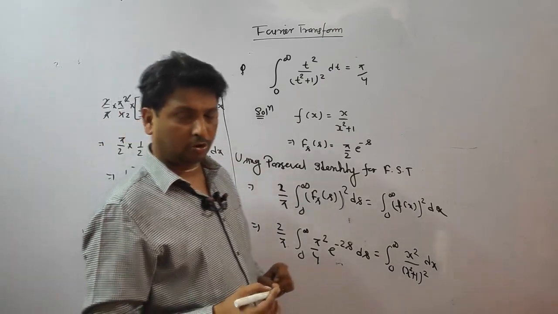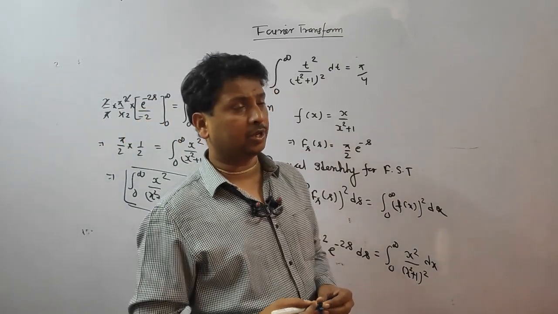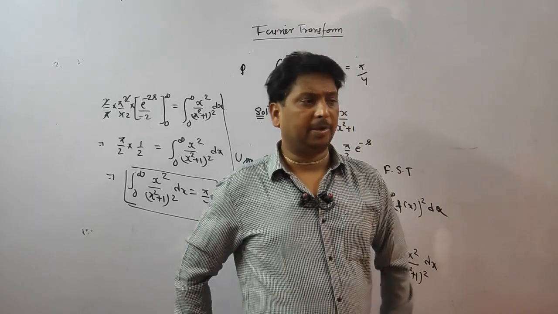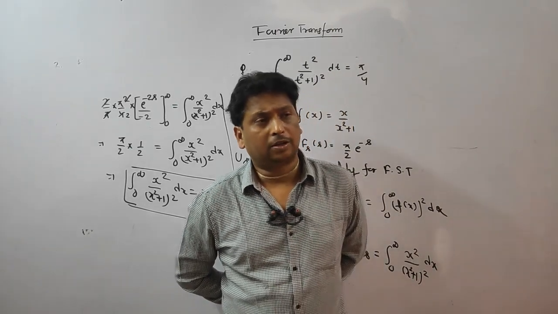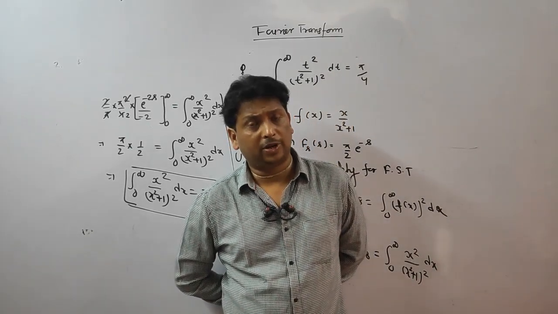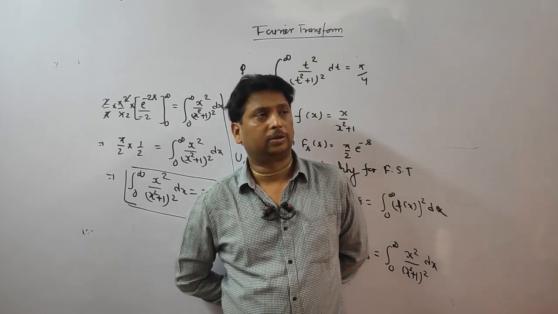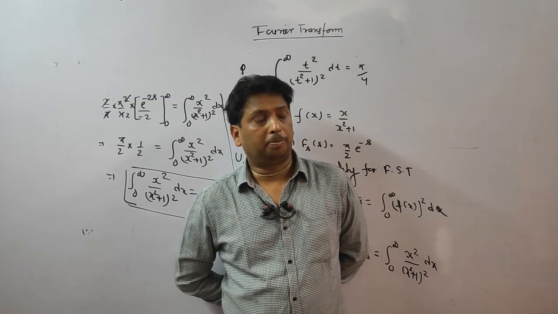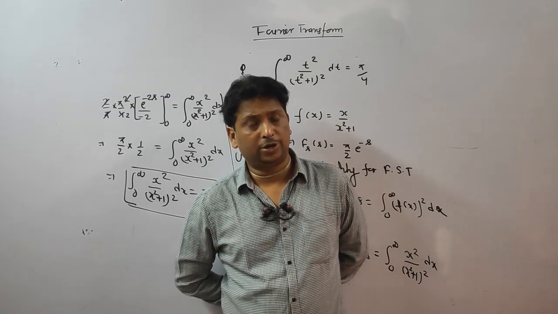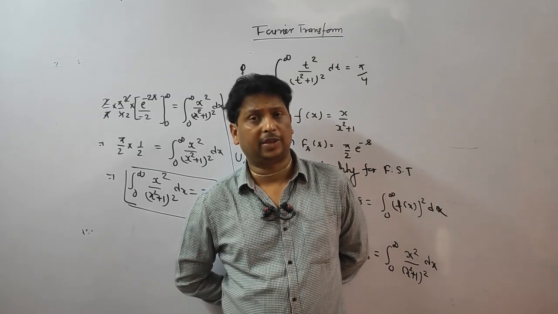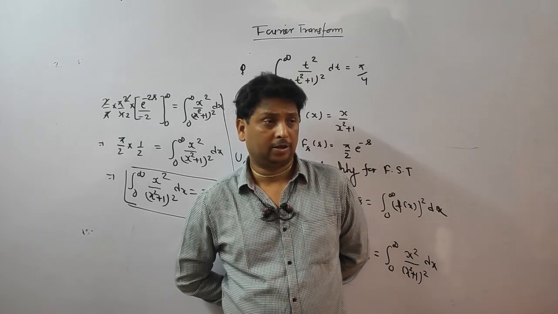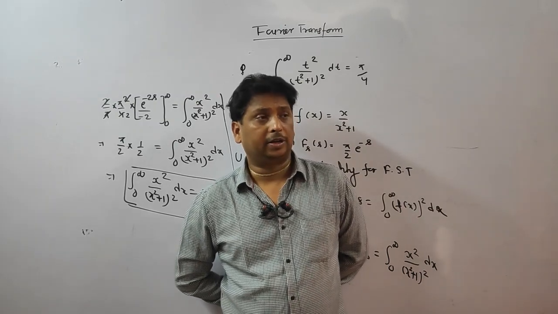So hope you all understand this type of question. Once again, my request, my friends: the Fourier transforms whatever you calculated, make a chart, because we can do Parseval identity easily if we know the Fourier transform of f(x), because it's important.